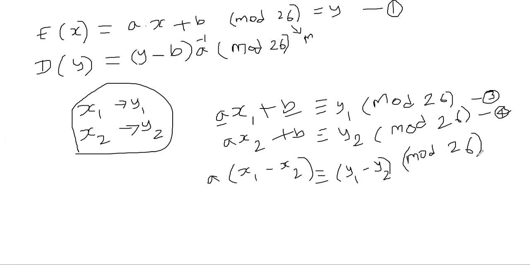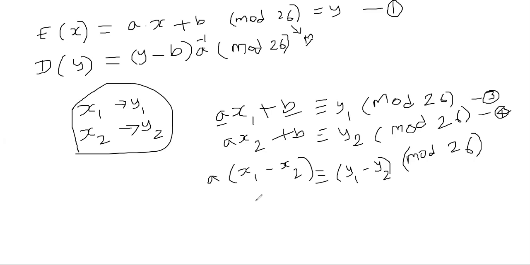I'm going to make an assumption here that the inverse of X1 minus X2 exists, which may not always be true. If M is prime, then we know for sure it exists. But in this case, you're dealing with 26, which is not a prime, so X1 minus X2 may not have an inverse. But let us assume that you did find an inverse.